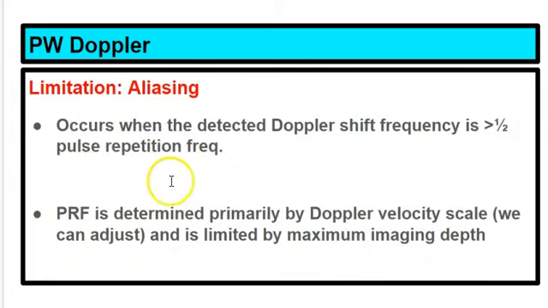Aliasing occurs when the detected Doppler shift frequency is greater than 1/2 of our pulse repetition frequency. Our pulse repetition frequency is determined primarily by the Doppler velocity scale. We can adjust this, and it is limited by the maximum imaging depth.